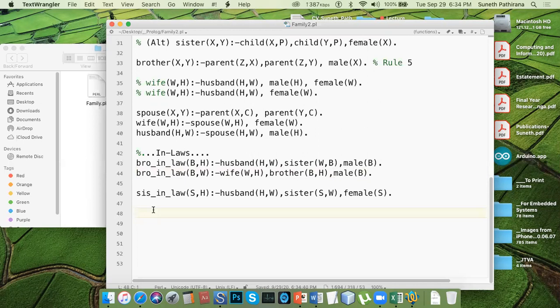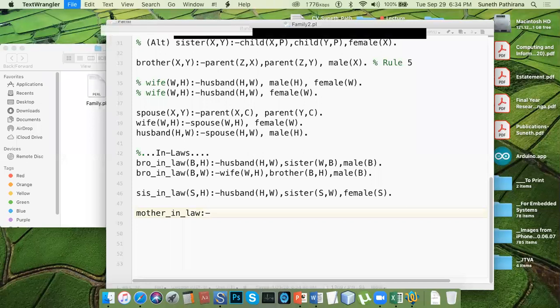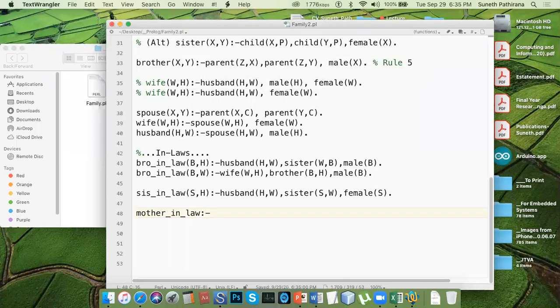So you can define mother-in-law. Okay, mother-in-law. So what is the requirement to become a mother-in-law?